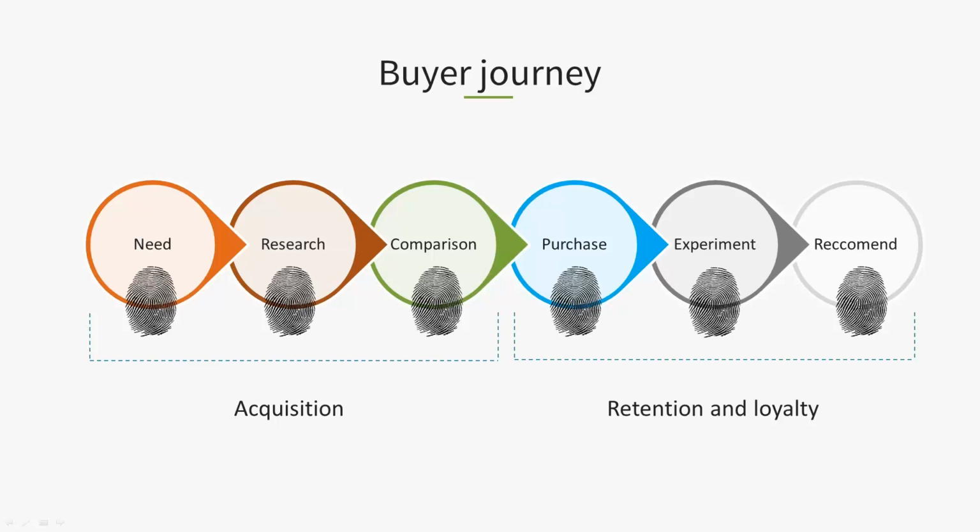In the process, they do their research, maybe they enter into a comparison phase, and the further down the line they go, the more likely they are to join your database, to get information that contributes to their research, or perhaps back up what ultimately leads to a purchase decision and the use of the product. Today we're going to focus a little bit more on the left-hand side of that life cycle in the acquisition phase, but we'll touch on a few other points here and there along the way.